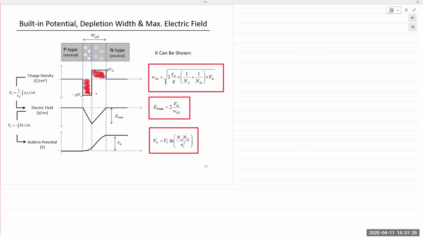Okay. So we integrate the area under the curve, we get the total energy that is present in that junction. And that junction, again, gives rise to an electric field.